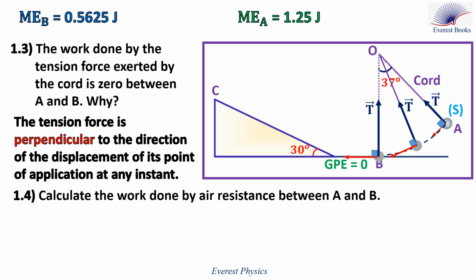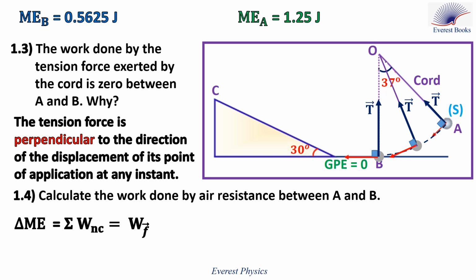Let's move to part 1.4. Calculate the work done by air resistance between A and B. We know that the change in the mechanical energy equals the sum of the works done by all the non-conservative forces acting in the system. The only non-conservative force that does work during the motion of S from A to B is the friction force.